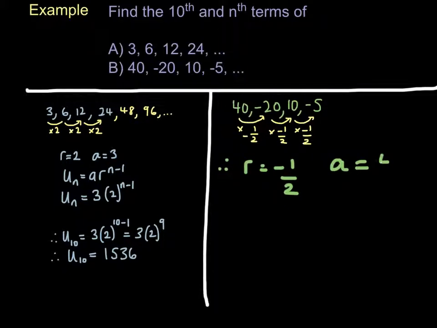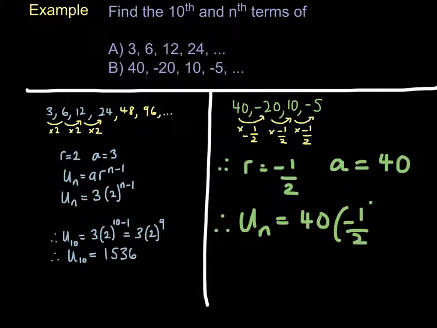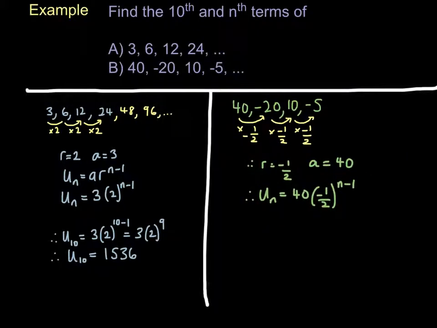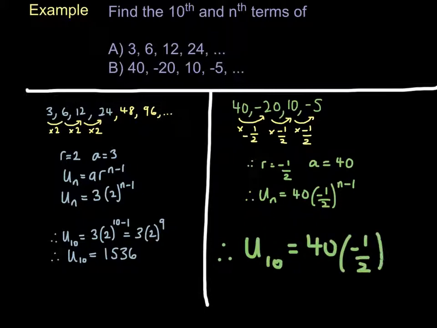Okay. So, like we did in the first one, we're going to find our nth term first, because I think it's going to be easier. So that's just going to be 40 brackets minus a half to the power n minus 1. And then, from that, our 10th term is just going to be 40 times negative a half to the power 9.